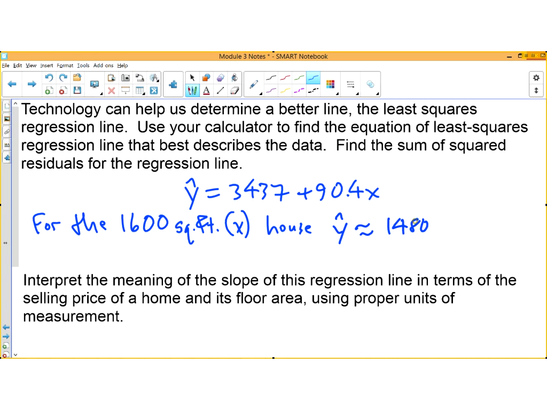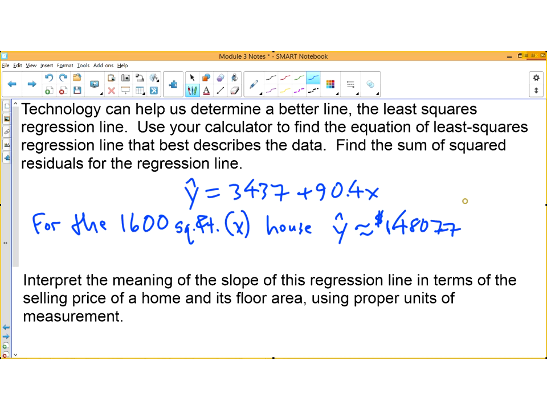Since these numbers above were rounded, I'm going to put Y hat is approximately equal to $148,077. So that Y hat, the reason why I use a Y hat there is because, just like it said on the previous page, this is a predicted value for Y. You may say, well, why would I want to predict a value for Y for 1,600 square feet?